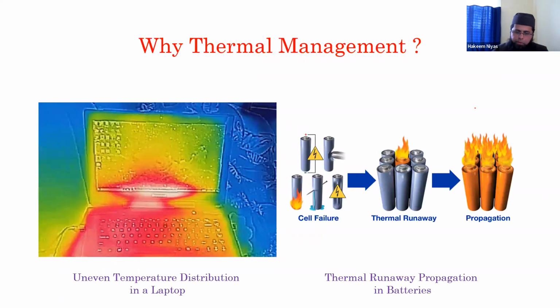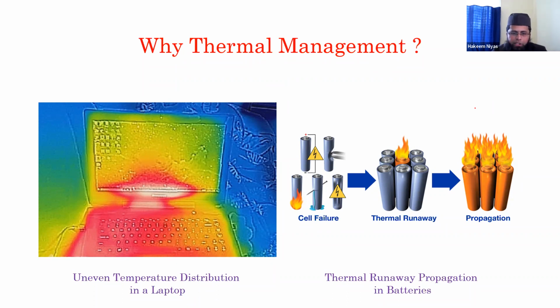So why thermal management? From the slide, you can see a laptop on the left side, and there is an uneven temperature distribution. That means in certain areas, like where the processor is, the heat generation is more, and in other areas the heat generation is less, so the temperature is lower.